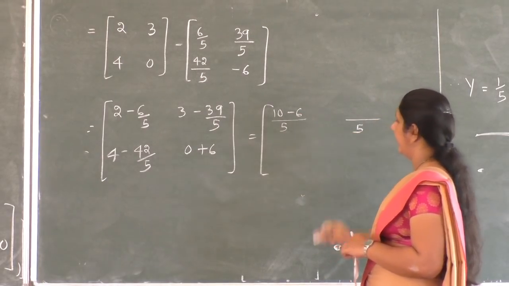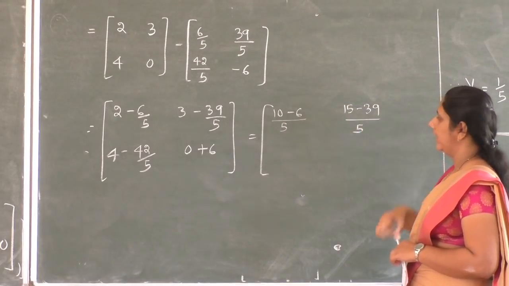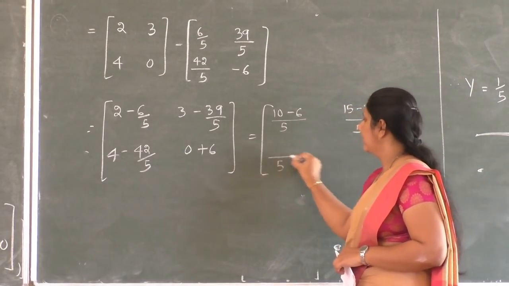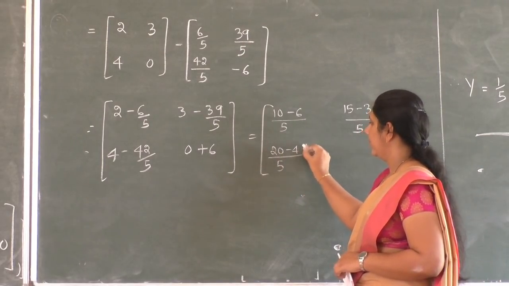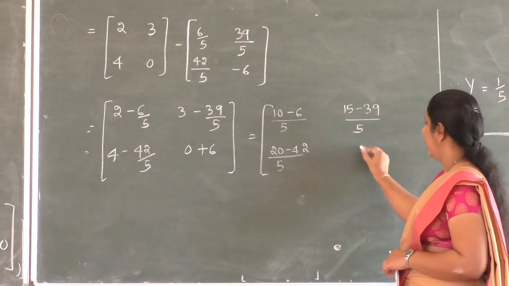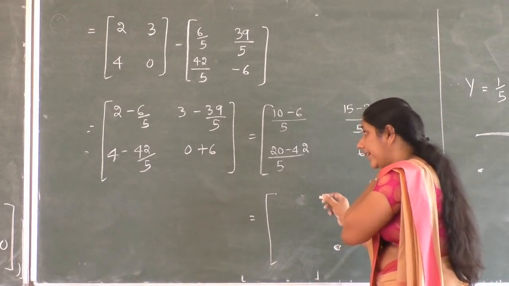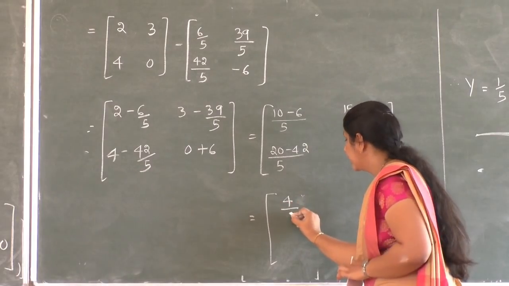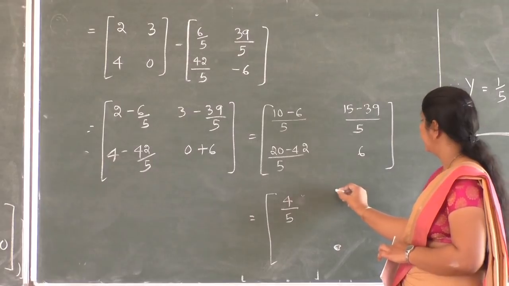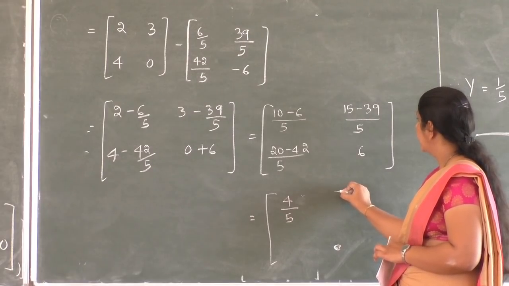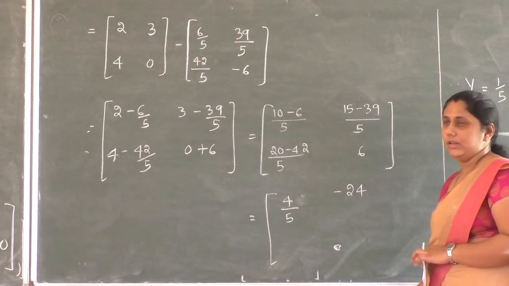Again here 5 is the common denominator, that is 15 minus 39. Here 20 minus 42, and here is 6. On simplifying we get 10 minus 6, that is 4 by 5. Here 15 minus 39, that is minus 24.